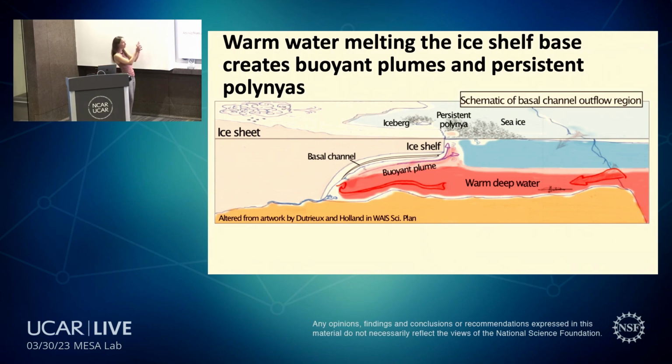So here's, again, another schematic of the water column in Antarctica. And so here the warm water is coming in, it's melting, it's creating a plume, right? The plume is turbulent, so it entrains warm water into it as it rises towards the surface.